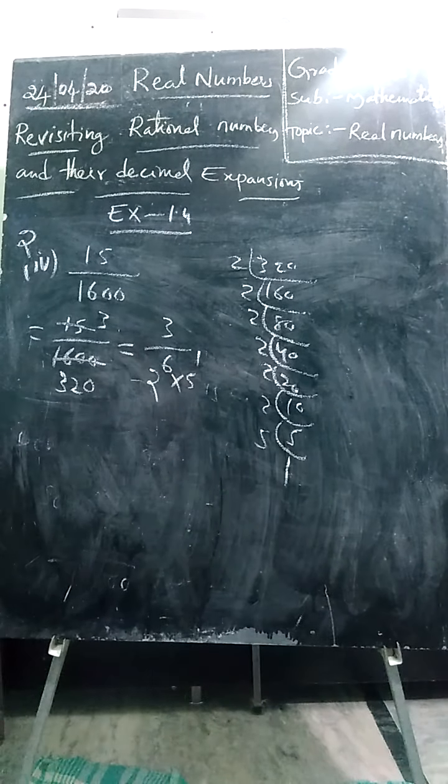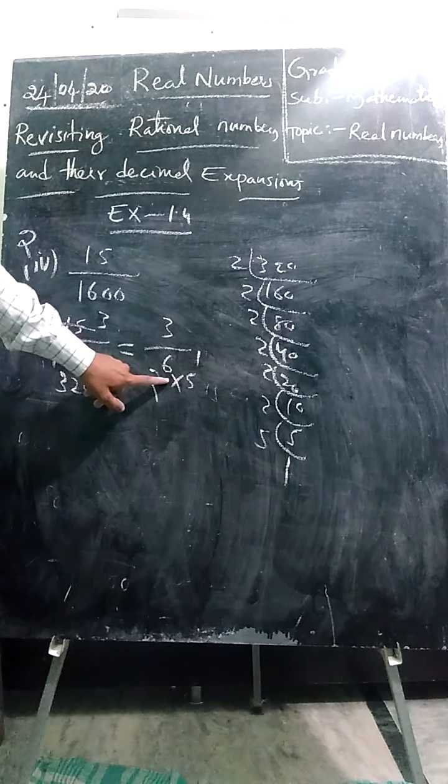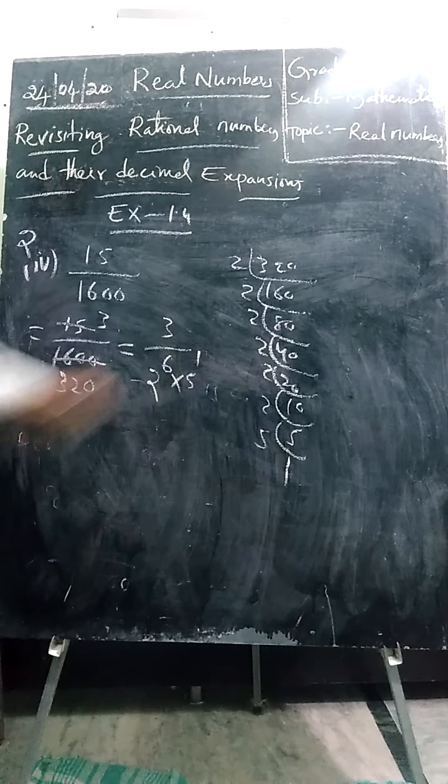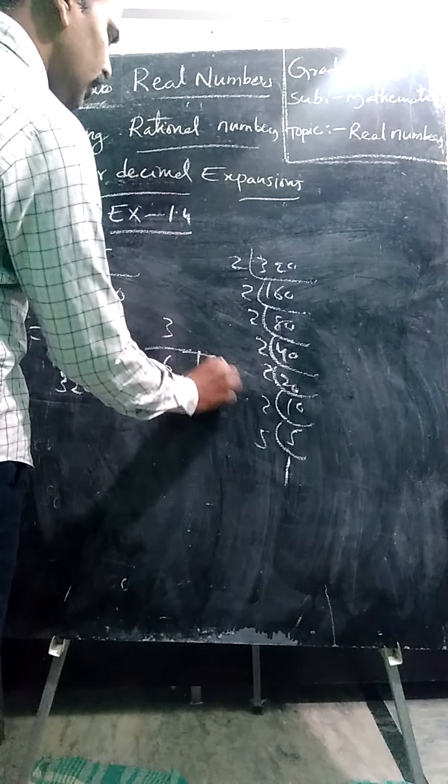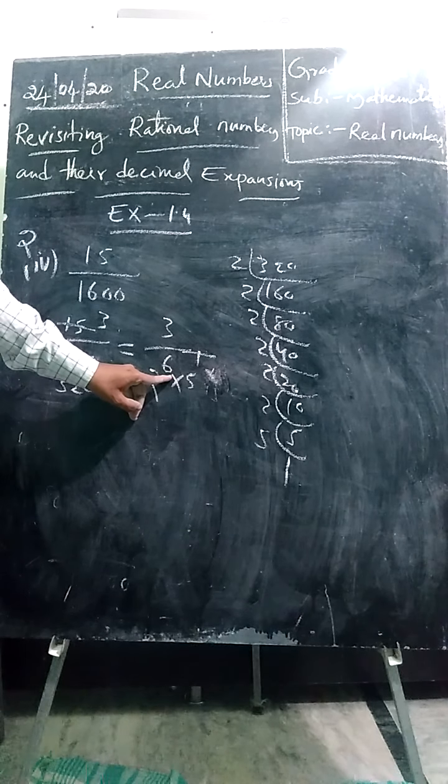So when we have 2 power 6, to make these equal, we should multiply the denominator. See students, by seeing this directly we can conclude that after the decimal point 6 digits will come, and it will end.